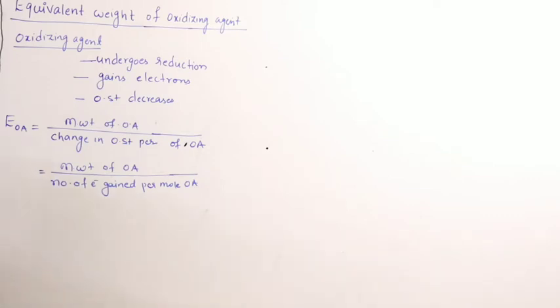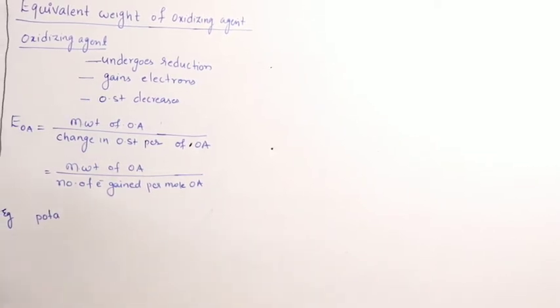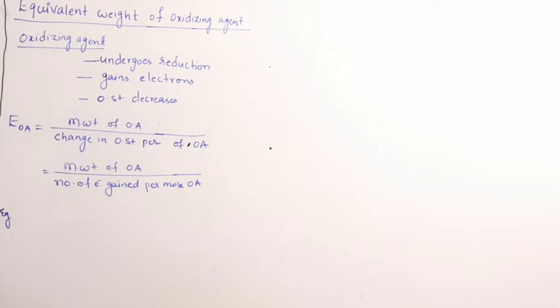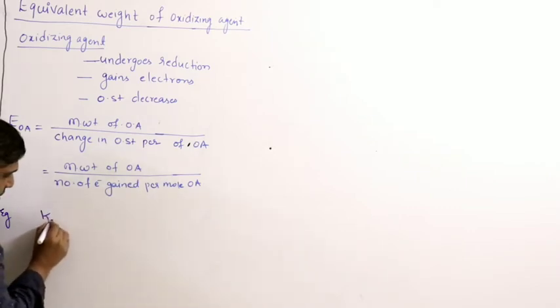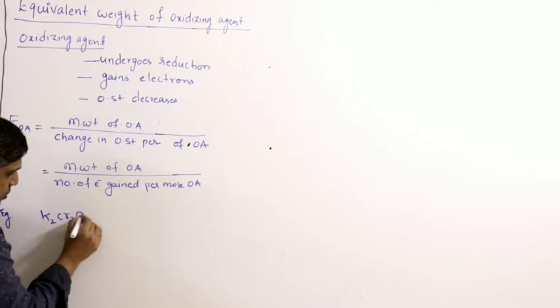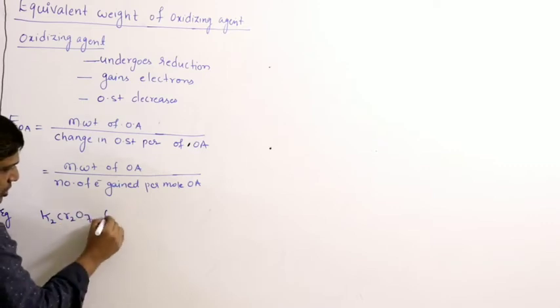So let us calculate for some oxidizing agents. The first one is potassium dichromate. Okay, let us write the formula. Potassium dichromate, K2Cr2O7, right?